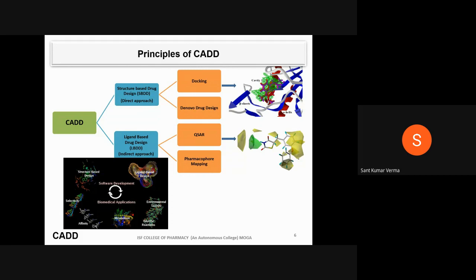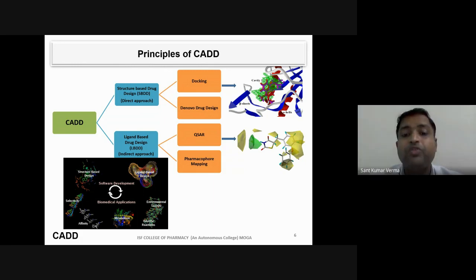De novo drug design, as I have discussed, is the designing of a novel molecule within the active pocket of the receptor, macromolecule or enzyme. In the ligand-based approach, QSAR is the major approach where we correlate the biological activity with the descriptors, or molecular features, of the molecule. And in pharmacophore mapping, we map the pharmacophore.